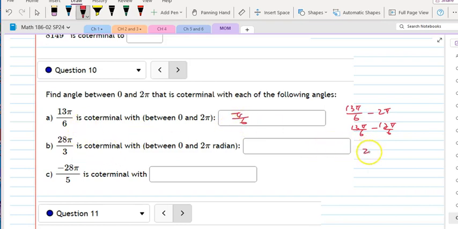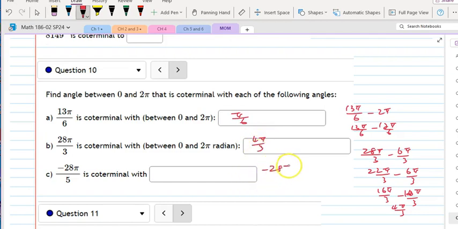Then 28 pi over 3: we subtract 6 pi over 3, that's still 22 pi over 3. Subtract 6 pi over 3, that is 16 pi over 3. Subtract 6 pi over 3. Oh, let's subtract 12 pi over 3. That would be 4 pi over 3, right? Because we subtract just multiples of 2 pi. 4 pi over 3.